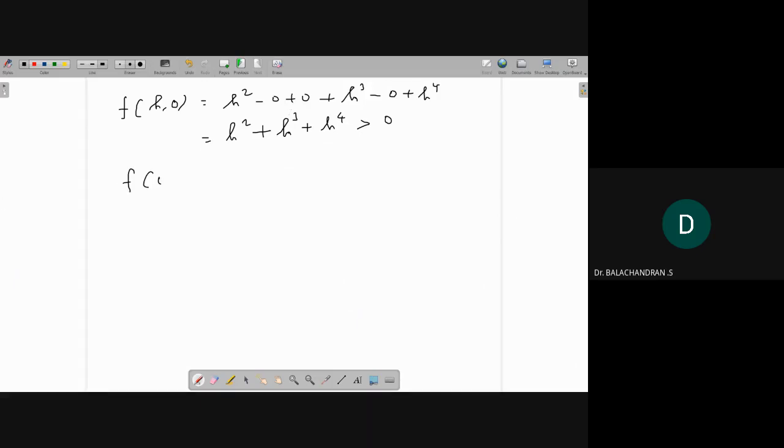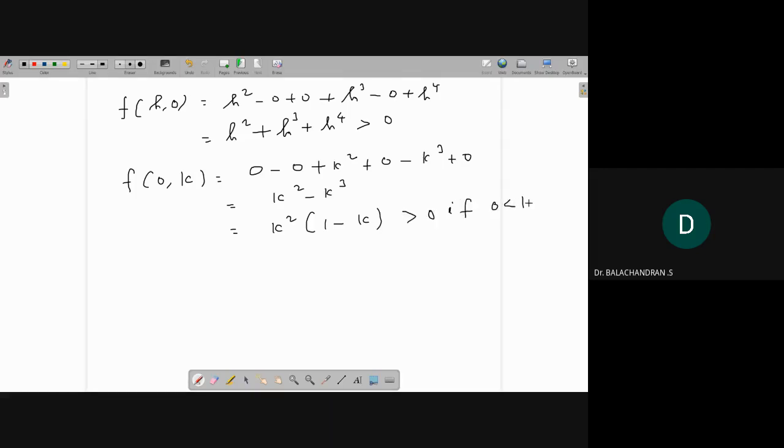Similarly, f(0, k) is 0 − 0 + k² + 0 − k³ + 0. So you get k² − k³, which is k²(1 − k). This is greater than 0 if k lies between 0 and 1.